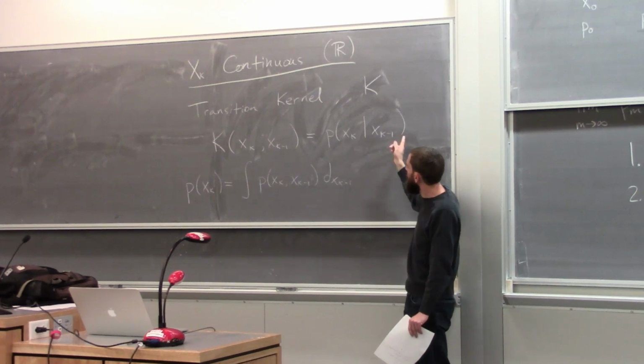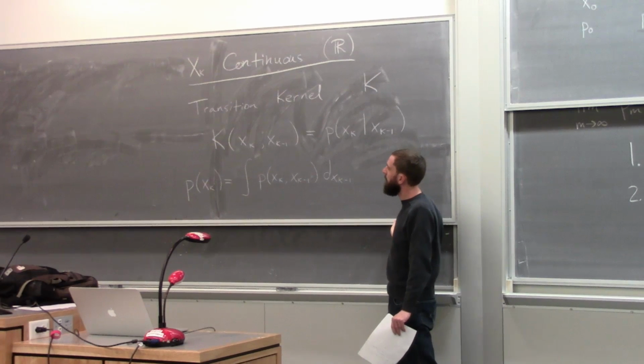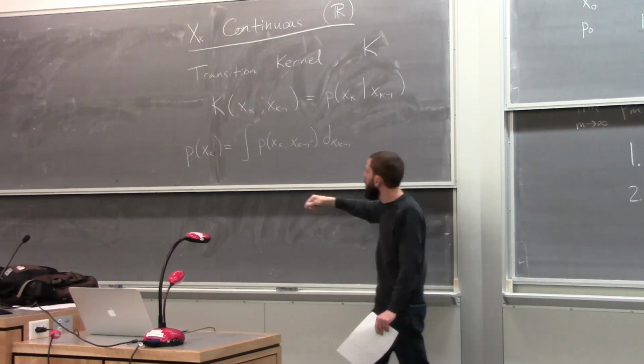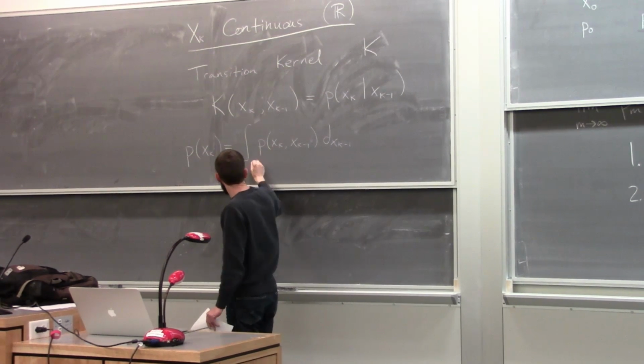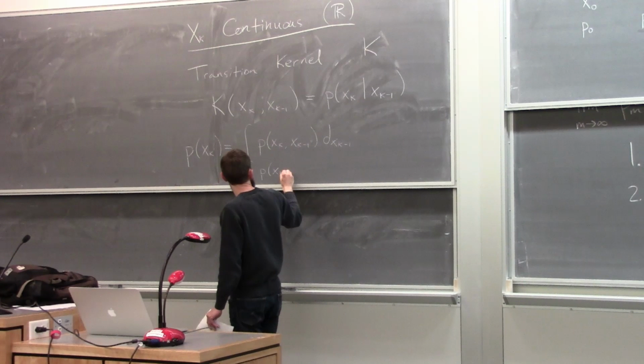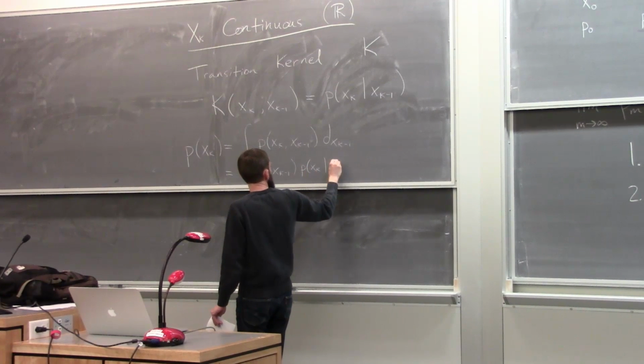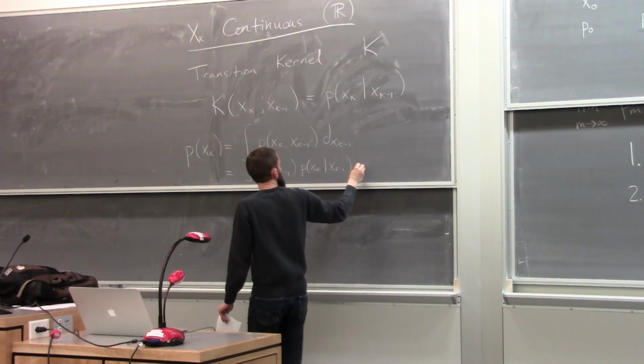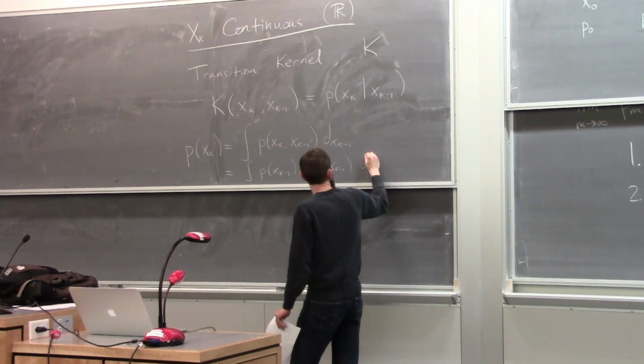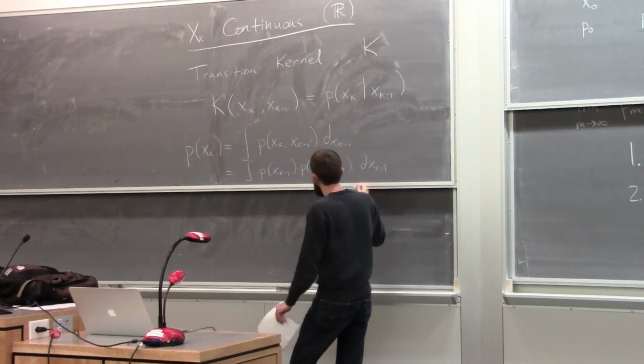And because I know this transition kernel K is this conditional distribution, I can write the joint as the probability of x_{k-1} times the probability of x_k given x_{k-1}, again integrated over x_{k-1}.